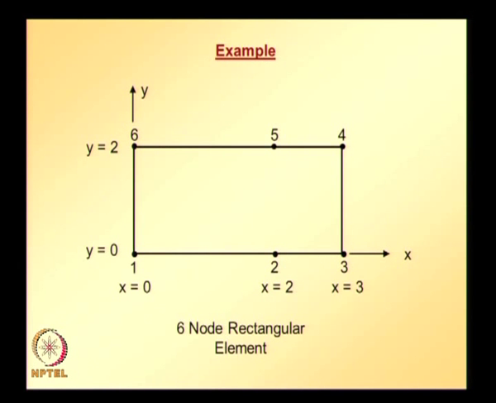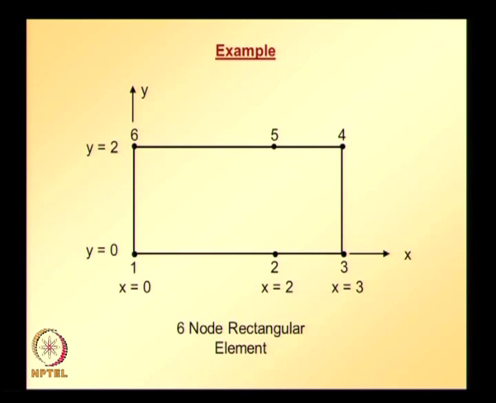Here in the figure a 6 node rectangular element is shown, xy coordinates of all the nodes can also be easily obtained using the information that is given in figure, that is x1 is equal to 0, y1 is equal to 0, x2 is equal to 2, y2 is equal to 0, x3 is equal to 3, y3 is equal to 0, and x4 is going to be 3 and y4 is going to be 2, x5 is going to be 2, y5 is going to be 2, x6 is going to be 0, y6 is going to be 2.